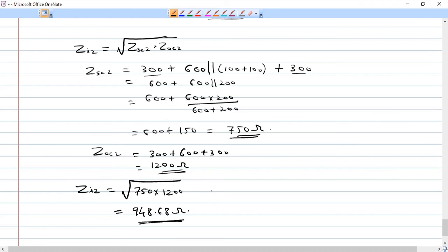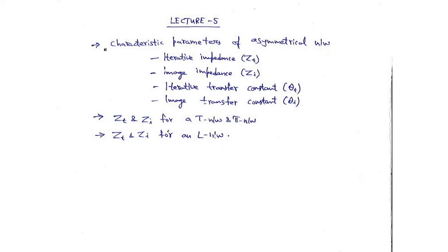So that is the example. With that we conclude lecture number 5. In this lecture we have seen the characteristic parameters of an asymmetrical network, that is its iterative impedance ZT and image impedance ZI.